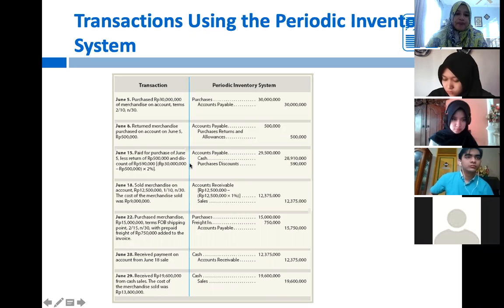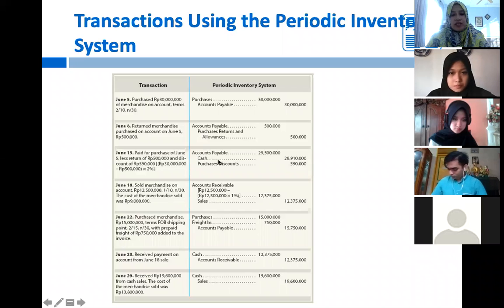And for payment of the purchase, we would debit account payable and credit cash and purchase discount if it is paid within the discount period. Okay, so it's different from what you've learned for a perpetual system.